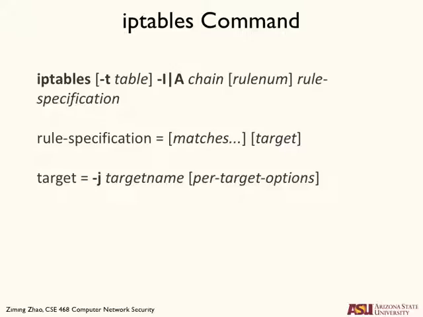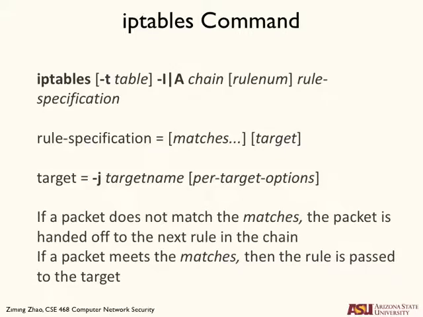And then you need to specify the rule specs. So basically the specs has 2 parts. First is matches, the second part is target. And target is just the action, like accept, drop, the action you want your system to enforce when the packet matches some rules. And the matches can specify the TCP header fields or TCP states.